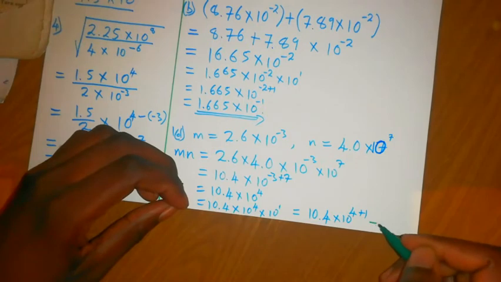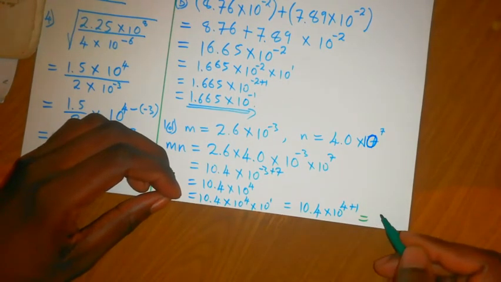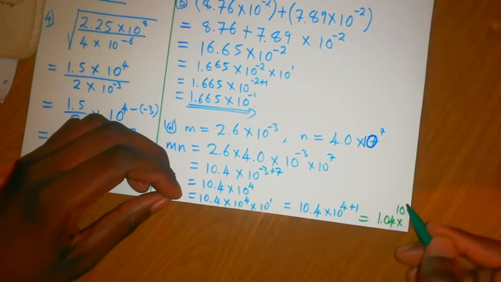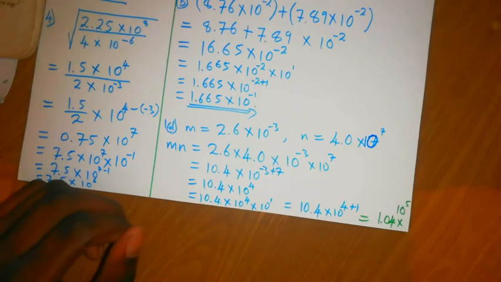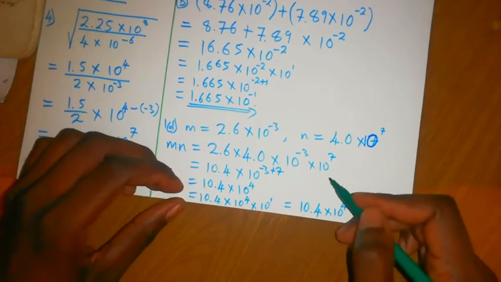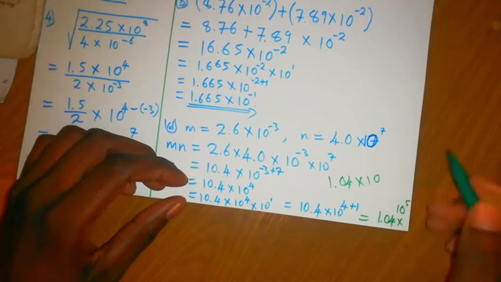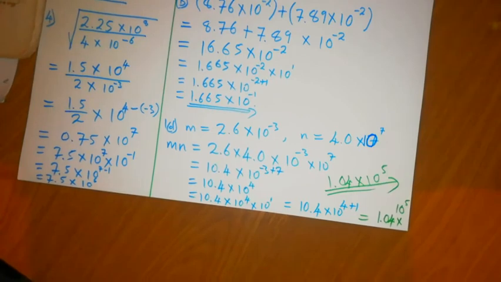My final answer is equal to 1.04 times 10 to the power 5. I wanted you to see there. So our final answer, that's 1.04 times 10 to the power of 5. That is the final answer.